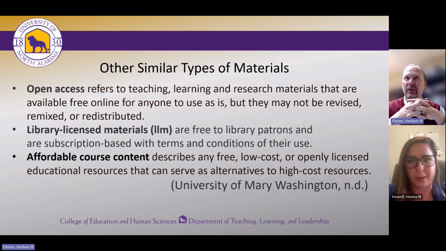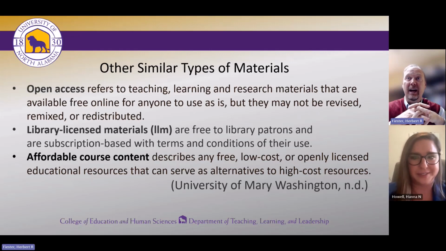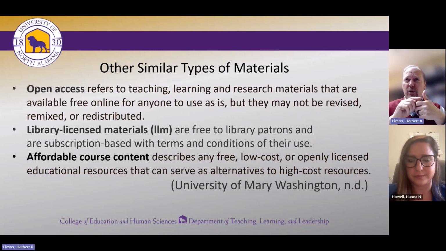There are other similar types of materials, such as open access, which refers to teaching, learning, and research materials that are available online for free for anyone to use as is, but they may not be revised, remixed, or redistributed. Typically, they include things like journals and books, but can also refer to other class materials. They also include government documents, articles from open access journals, and reports from think tanks.